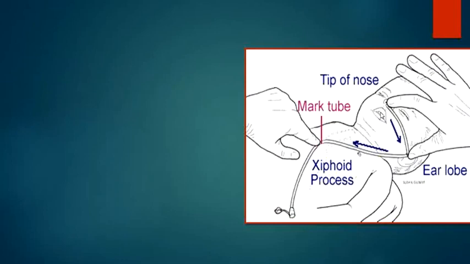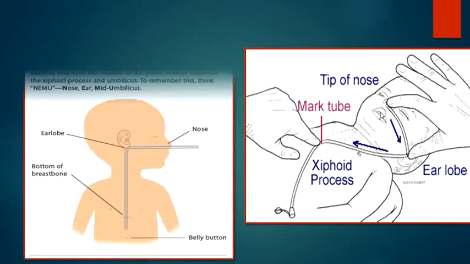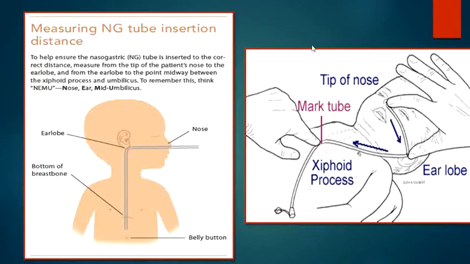These are the landmarks, so we don't make it a subjective matter. No, we determine the length that should be inside by these anatomical landmarks. Again, they call it NEMO: nose, ear, mid-point, the bottom of the breastbone or xiphoid process, so reaching the abdomen safely.